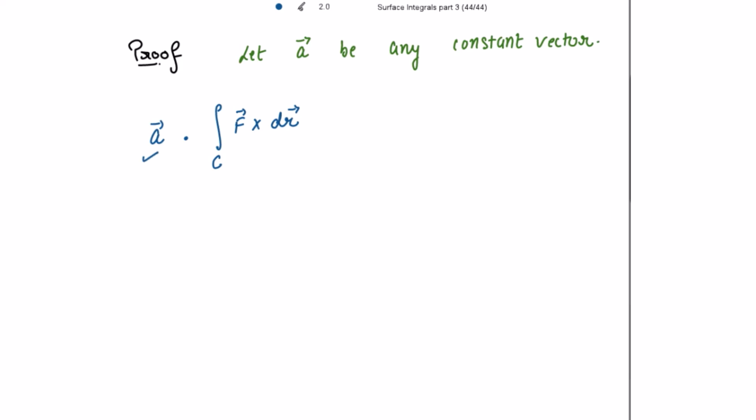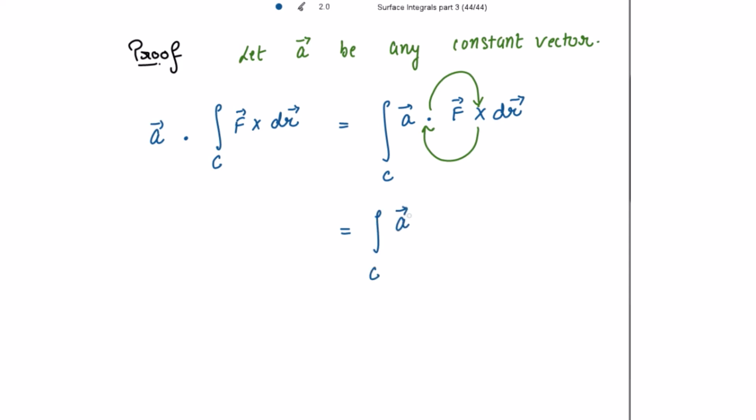Because this is a constant vector, we can write this further by taking it inside the integral: a vector dot product with f vector cross product dr vector over the curve C. In the next step, shifting this cross to this dot and this dot to this cross, because I need to apply the Stokes theorem, I'm writing a vector cross product with f vector, dot product with dr vector, and taking this in bracket.